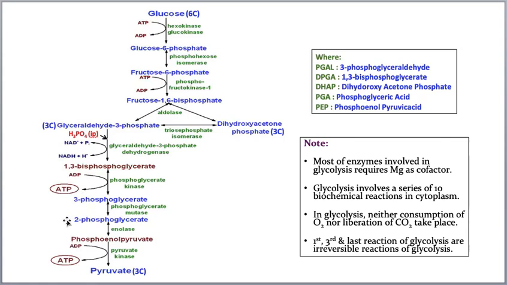Now it shifted to the second carbon, and then it is called phosphoenol pyruvic acid.